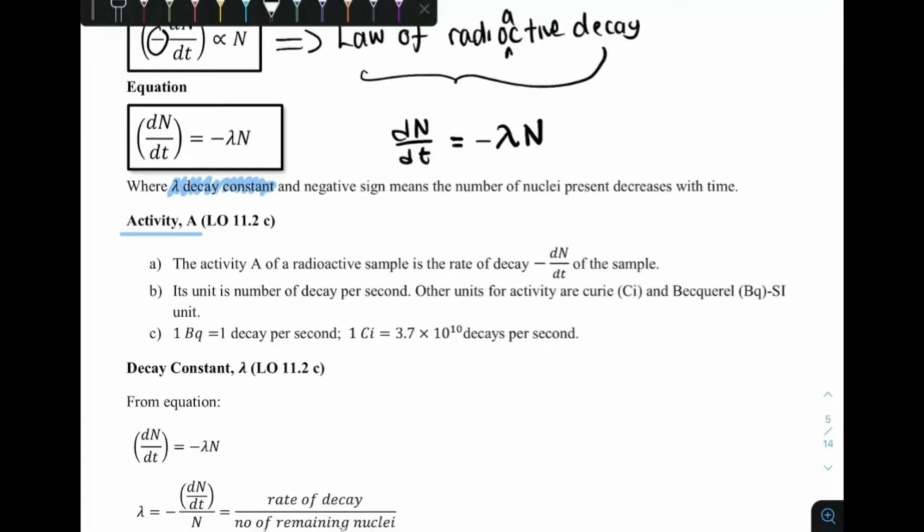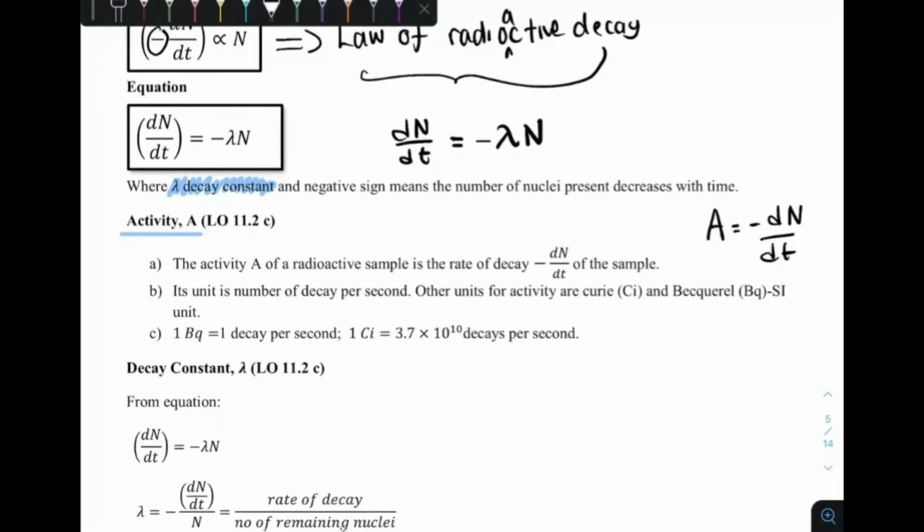Itu bukan very similar, literally sama. Your A here is actually equals to your negative dN over dt, iaitu rate of decay itu adalah aktiviti kamu. Okay, so kalau dia tanya what is the activity of radioactive sample, sebenarnya dia tengah tanya pasal decay rate, kadar sesuatu nukleus itu berpupus lah kan, disintegrate dekat sini.